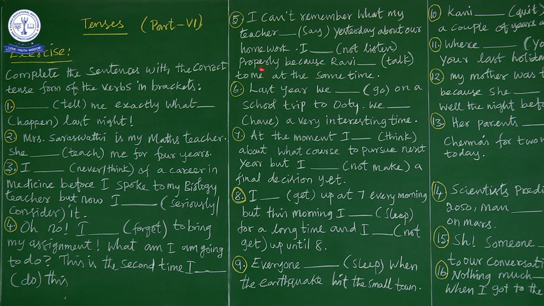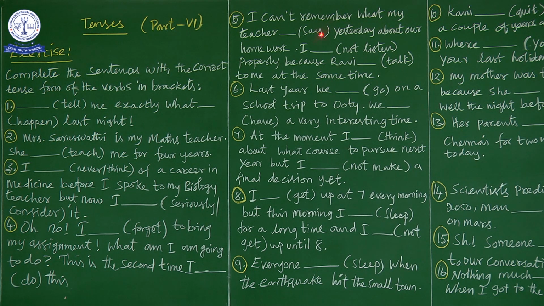Next we have to analyze. I dash not listen properly because Ravi talked to me at the same time. Now the first sentence was in past tense. Now we have to analyze the second and third exercises. The phrase "at the same time" is the keyword. Something is happening at the same time.